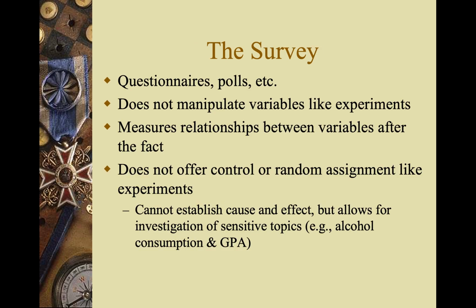It doesn't do that with the survey. We're not interested in manipulating. We are just interested in essentially taking the temperature of the people that we have sent the survey out to. So we're just measuring relationships between the different variables. We're not offering control or random assignment like the experiments.